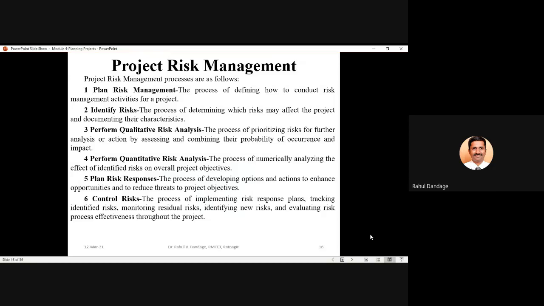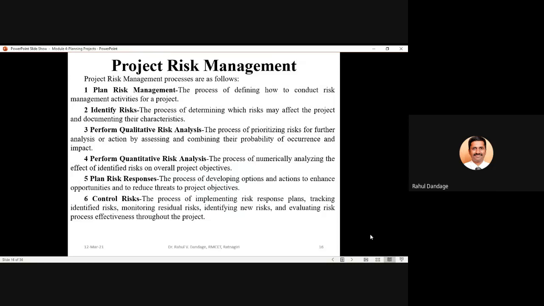We develop the PI matrix for the risk categories identified in process number 2, and based upon their probability of occurrence and severity of impact, we prioritize the risks. This probability and severity are decided based on previous experience, the characteristics of the risk, the type of project you are handling, and expert opinion, which should be taken into account.